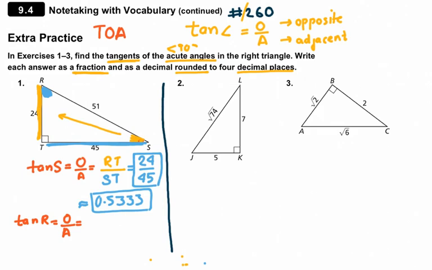The opposite leg for this angle is ST, over the adjacent leg, which is RT. So finally we can write that it's going to be 45 over 24. I cannot simplify it further, so that's in fraction form.